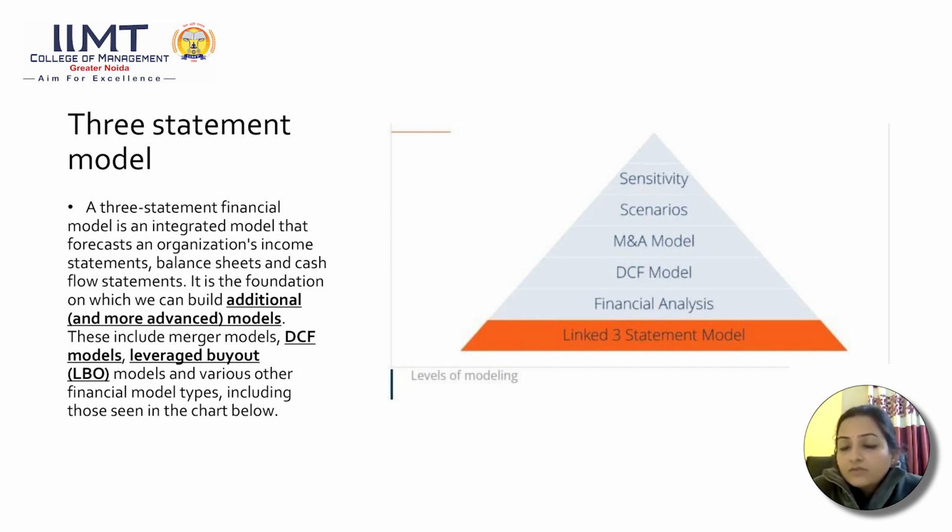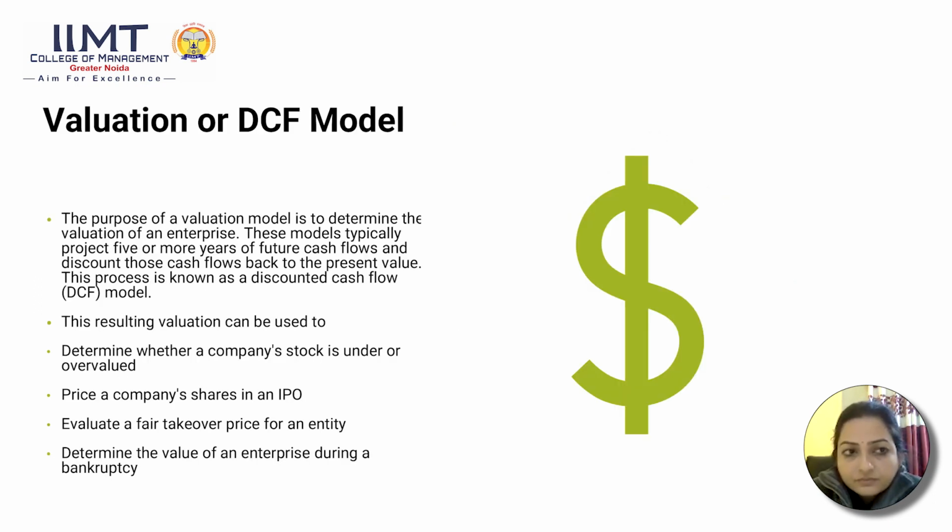It provides a base for scenario analysis, and a base for taking certain decisions. This model is used for sensitivity analysis of any merger and acquisition. So we can say that the three statement model is the most important model in financial modeling, which is useful for various purposes of business decisions.